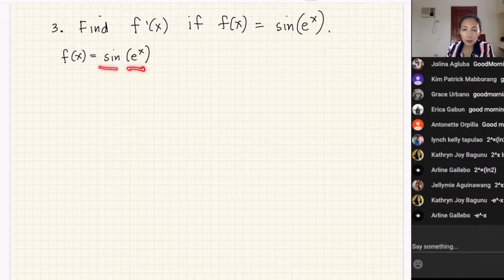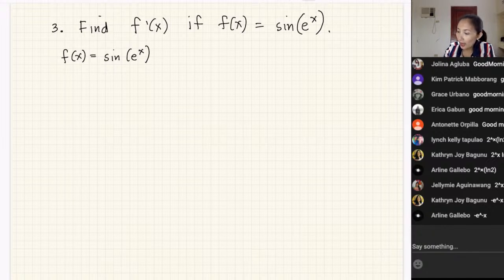However, our u, the argument, is exponential. So differentiate using the trigonometric function, and from the chain rule, we differentiate e to the x using exponential differentiation. Going back, recall, what is the derivative of sine? The derivative of sine is cosine.